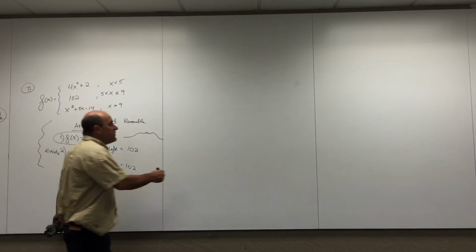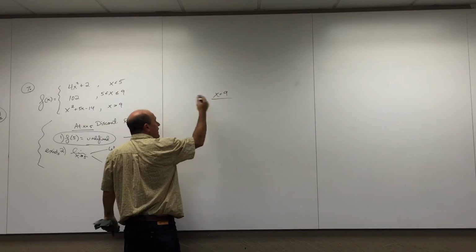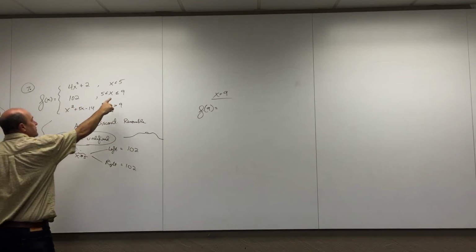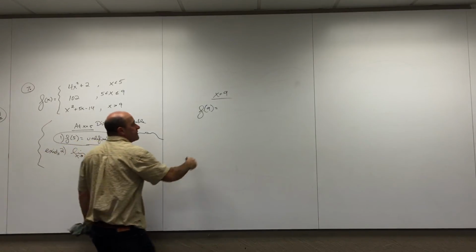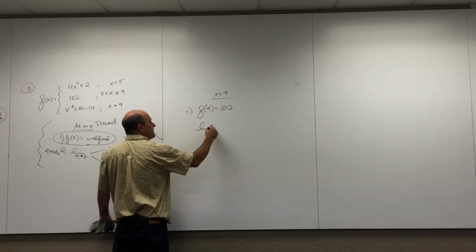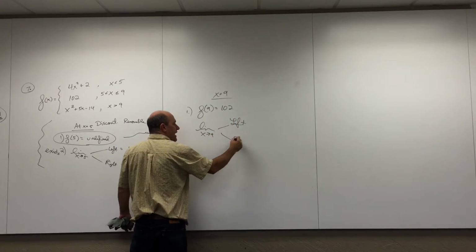If you go investigate x equals 9, like we should, let's see what happens. What's f of 9? 102, because you plug it in there where the equal to is, and you get 102. All right, that's step 1. Cool, it has a value. All right, what's the limit as x approaches 9? Well, I got to do the left, and I got to do the right.